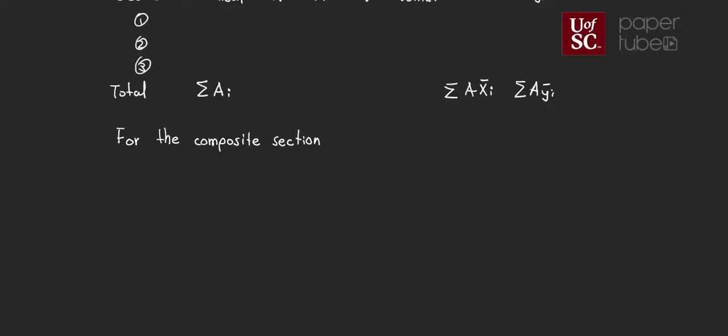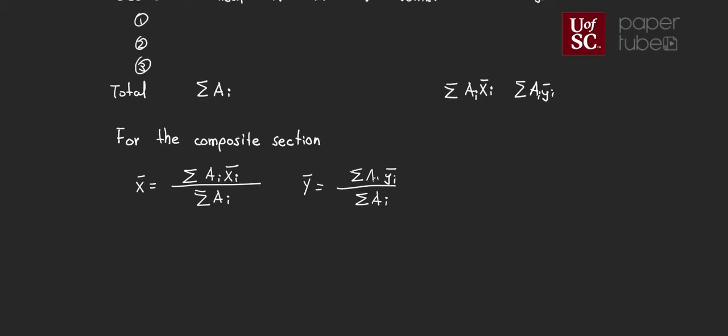For the composite section, we have that my x bar is going to be the sum of my A i times x bar i over my total area. And the same thing for my y bar. My y bar is going to be the sum of my A i y bar i over the sum of my A i's.